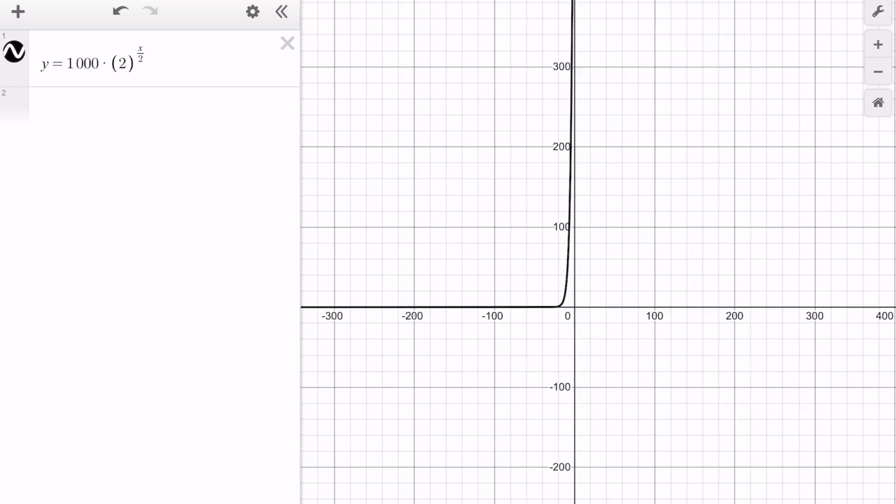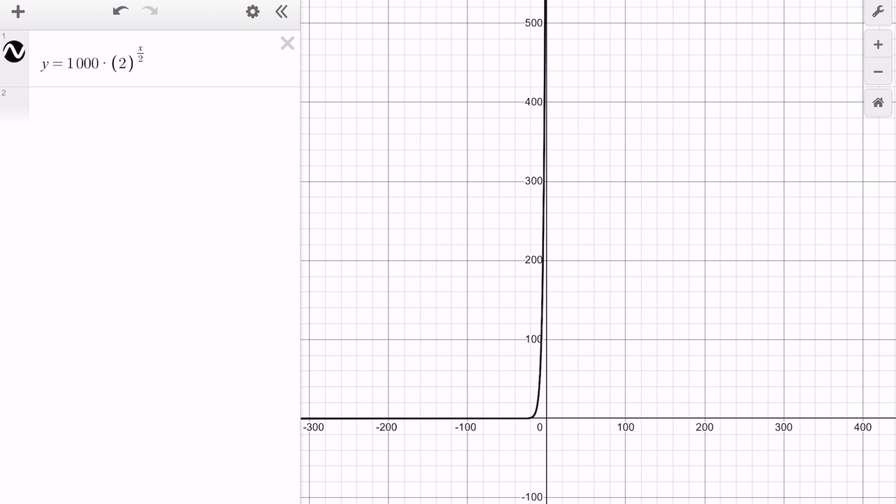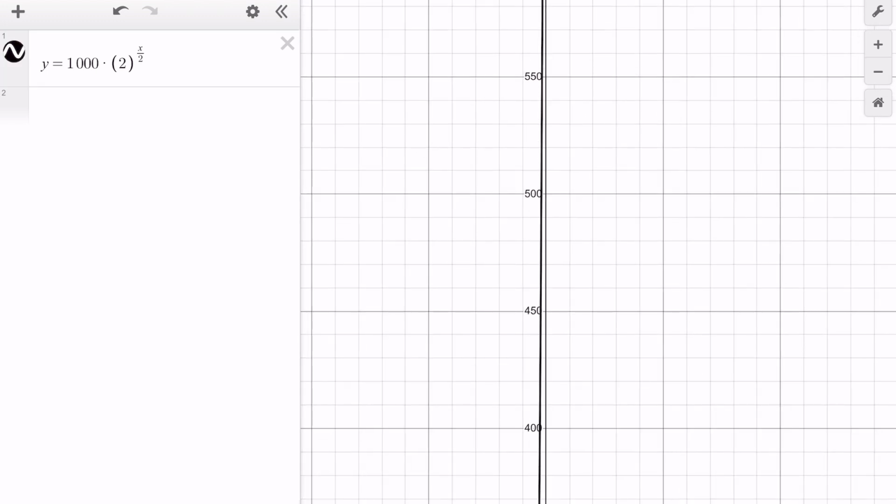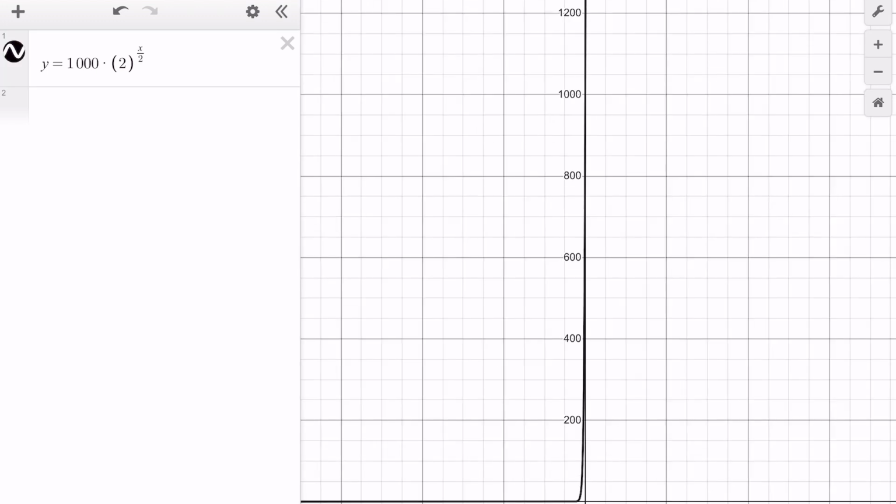Now, an important note here is that Desmos only takes x and y's, and so make sure when you're putting in an equation in Desmos, you're only using x and y, because if you're not, Desmos is not going to take the equation, so just convert whatever you have to x and y.